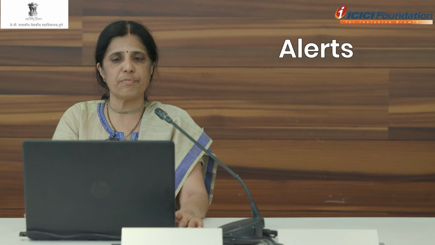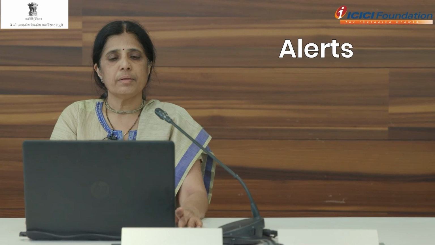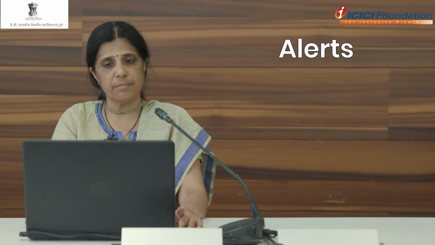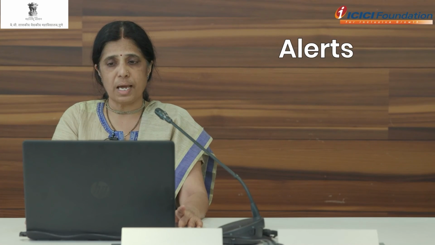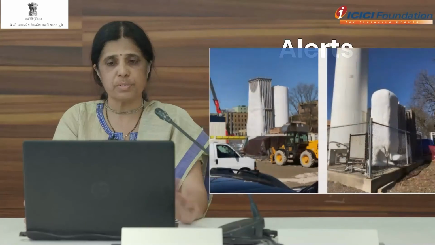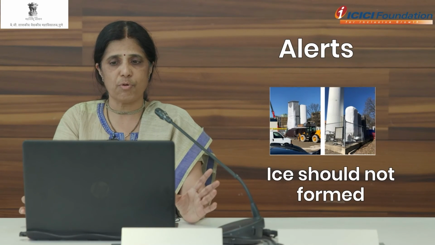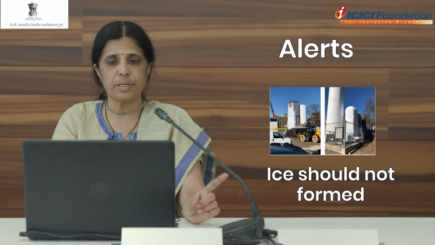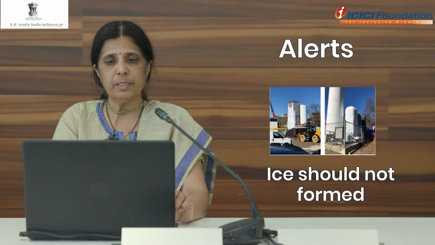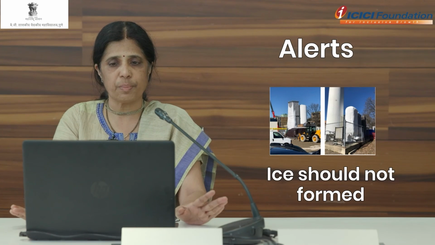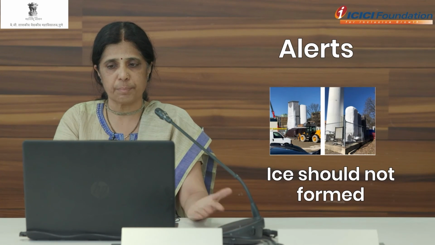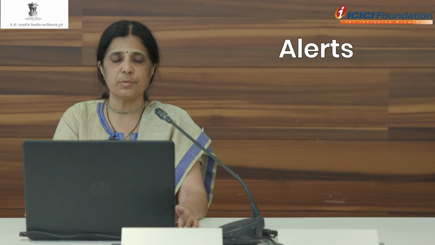Coming to a few alerts for LMO. In LMO there is a vaporizer which converts liquid at minus 180 degrees to gas at ambient temperature. In this process of vaporization, ice is formed on the vaporizer, which needs to be cleaned periodically depending upon flow through the tubes. We ensure that ice does not form over 50% of the vaporizer capacity, to ensure smooth and continuous flow of gases.